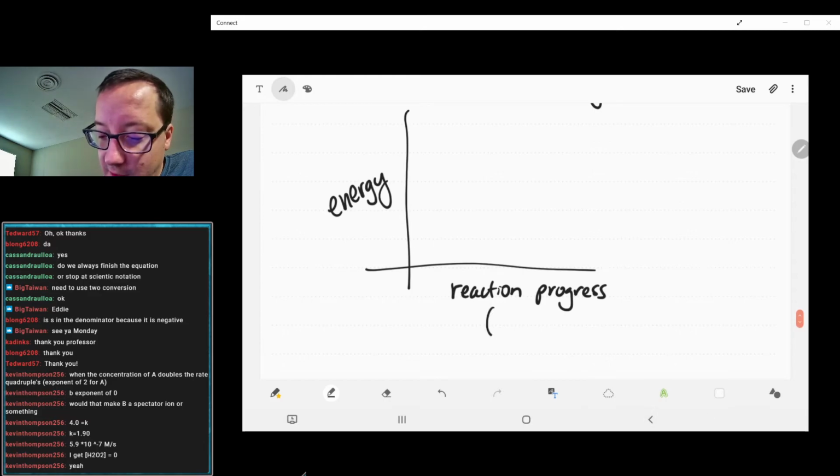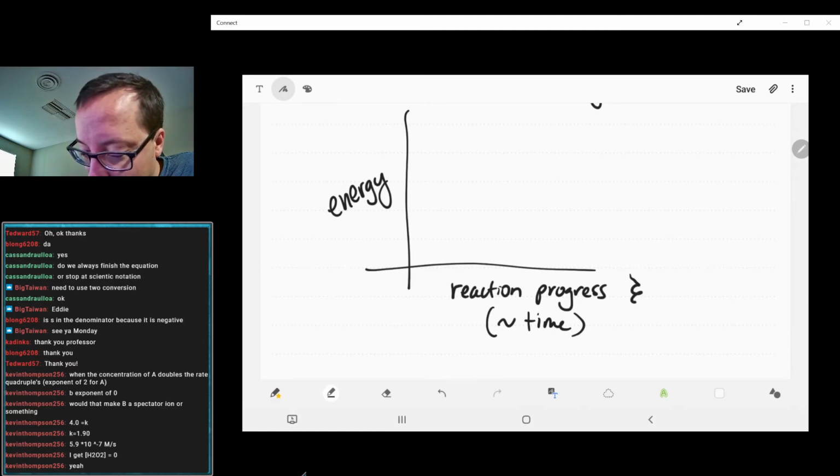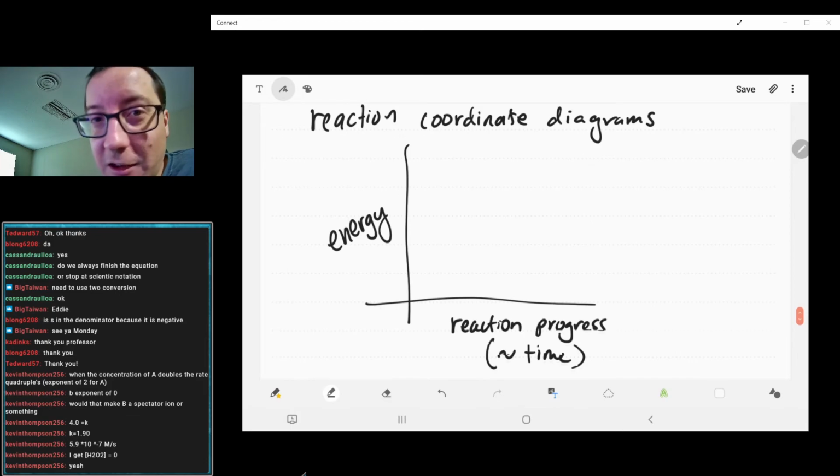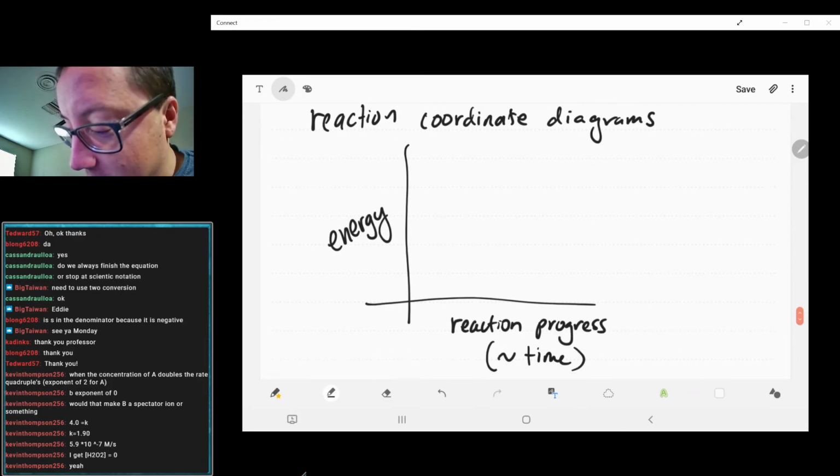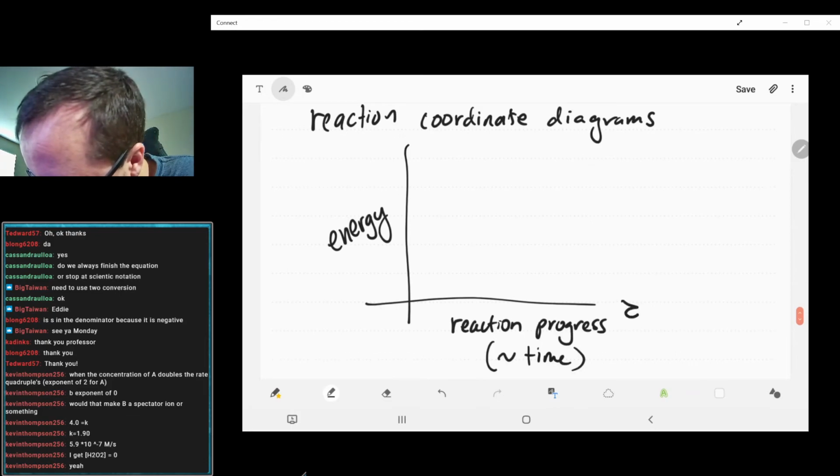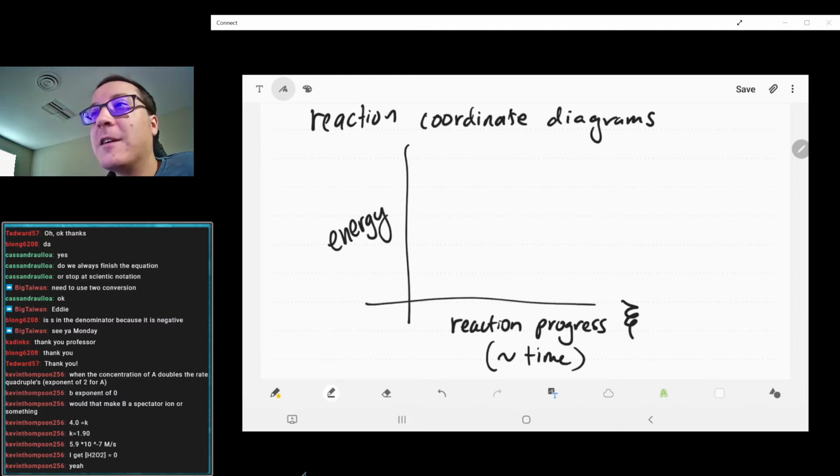Often you could say this is time as well, because the reactions are happening over time, right? It's xi, the Greek letter we use for reaction progress. It's squiggly like that. It's a cool letter.